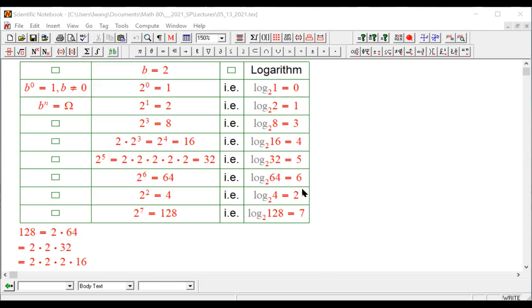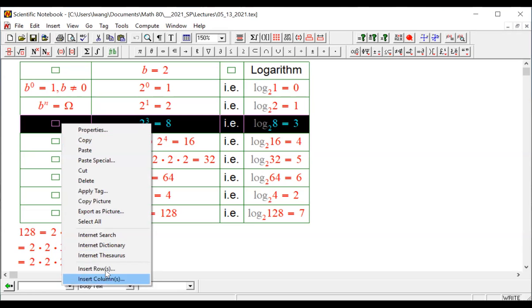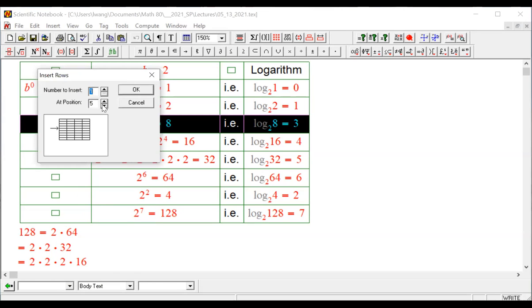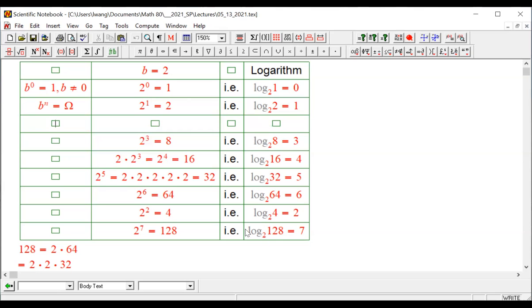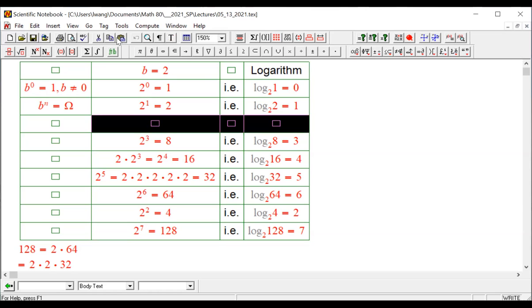Let's summarize. We have done some exercises here, and I also want you to notice some interesting phenomena. We have 2 squared equals 4, and in logarithm form it is something like this.